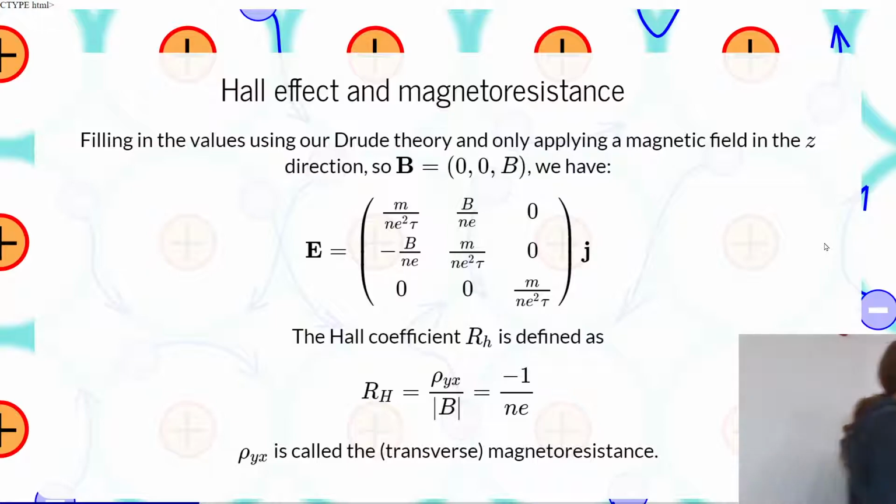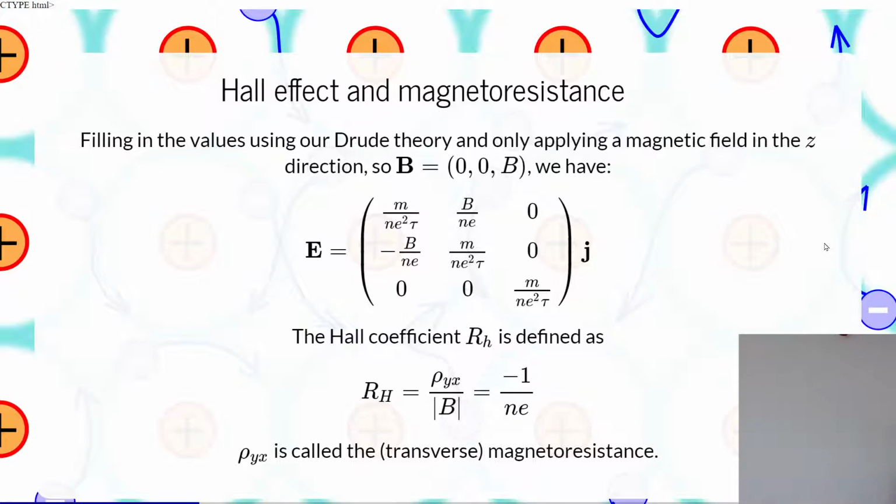Essentially, if we were to only have a magnetic field along the B direction, then we would have this kind of relationship there. So the diagonal element is essentially the electric field.